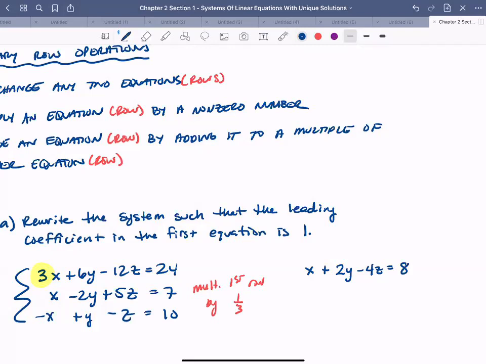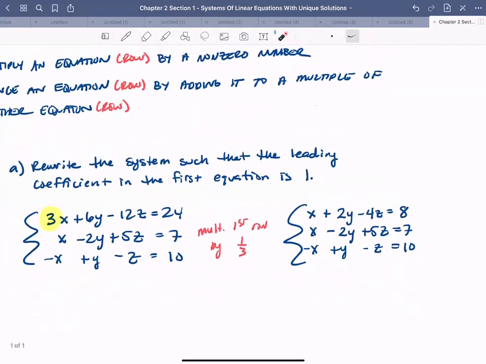You can see that we are not changing the second or third equation, so they just get rewritten: x minus 2y plus 5z equal to 7, and negative x plus y minus z equal to 10. Here is our system rewritten with the leading coefficient of the first equation being 1, because right in front of this x, there's a 1. That's by using elementary row operations.